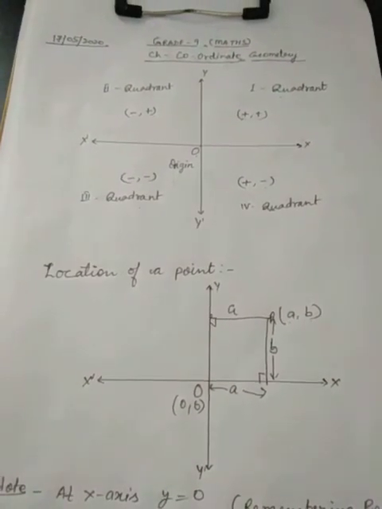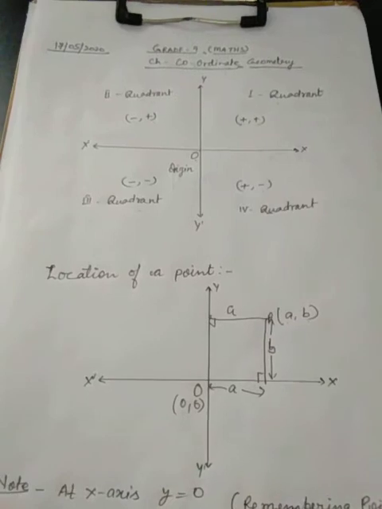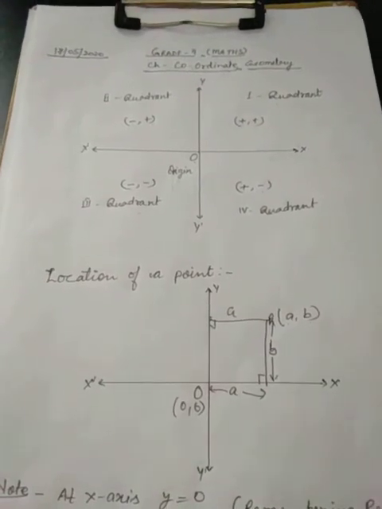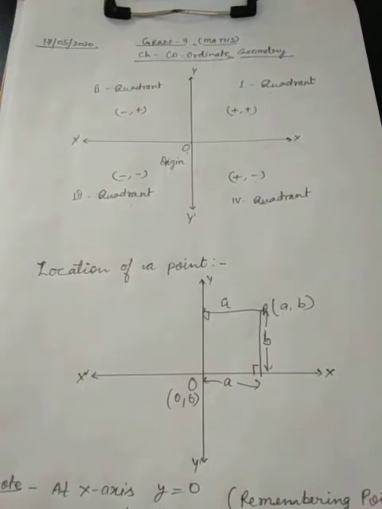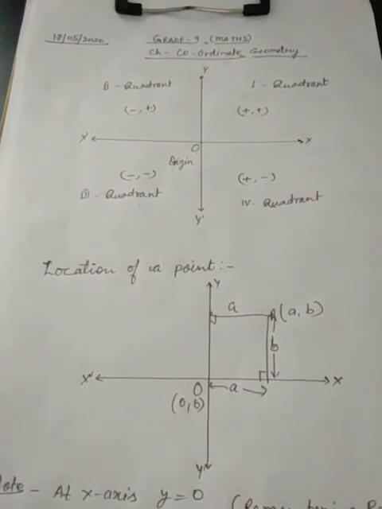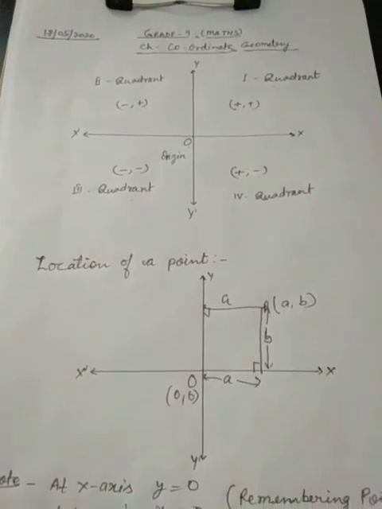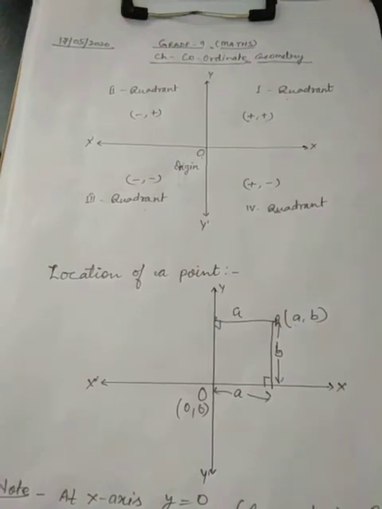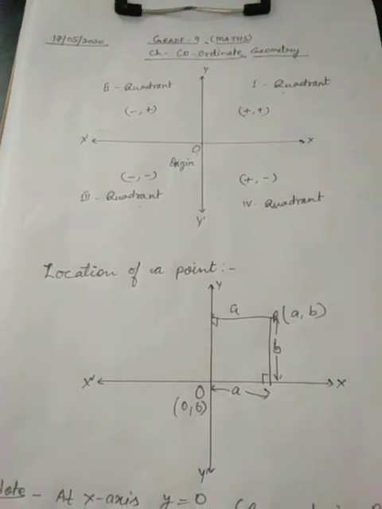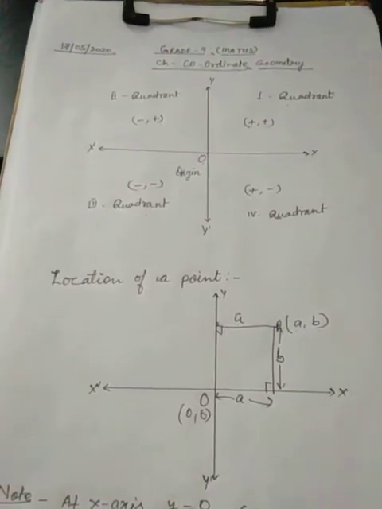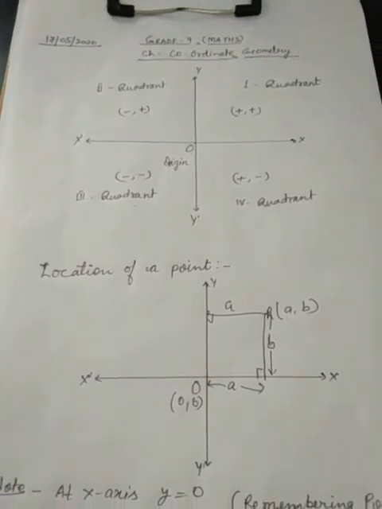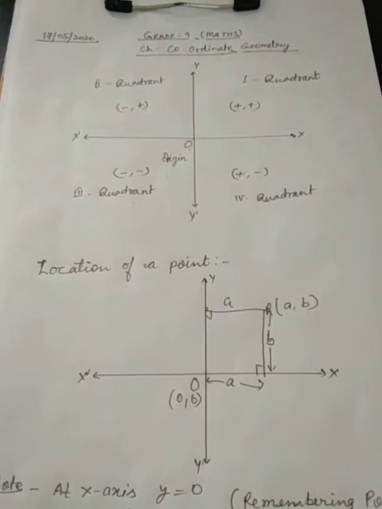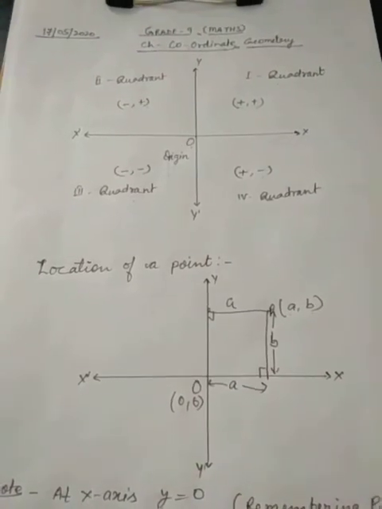With respect to Lucknow, Kanpur is 70 or 80 kilometers, whatever you have taken, but the distance of Kanpur may be different from another city. Suppose you take the origin as Allahabad, then the distance of Kanpur may be different, and not maybe, surely it will be different. So the location of a point always depends upon the origin taken.